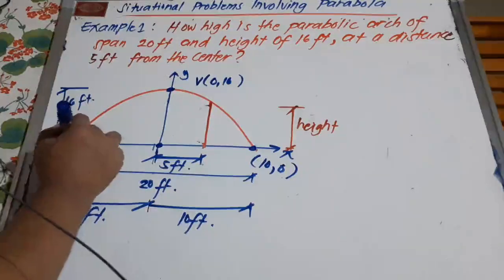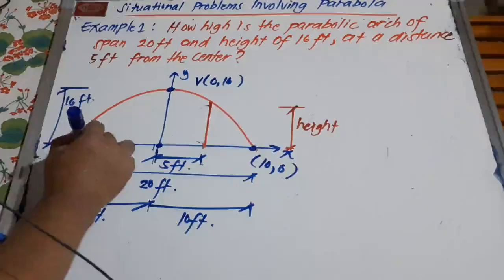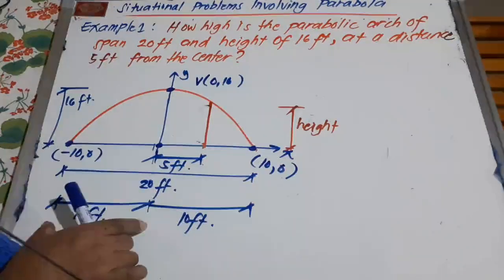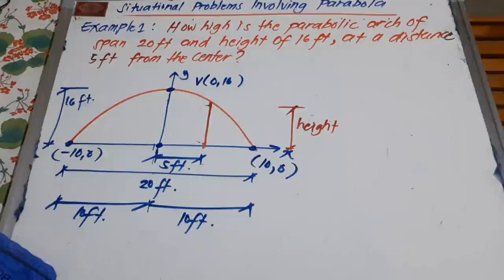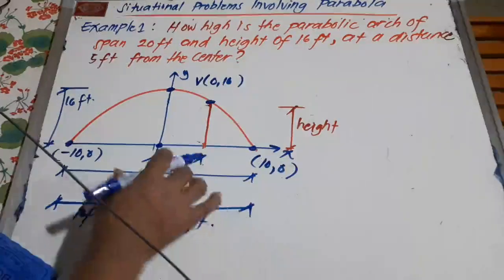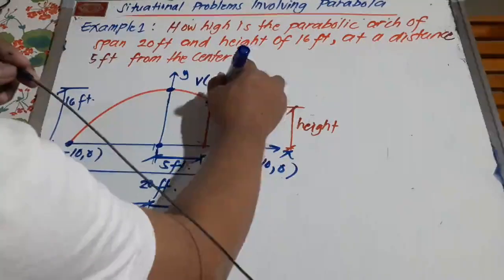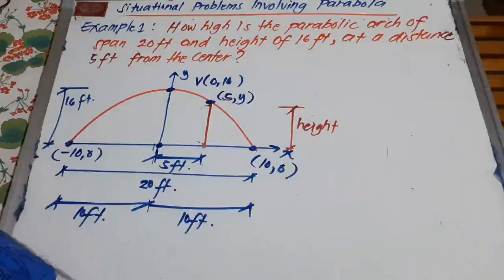And this one, ang kanyang coordinates will be negative 10, 0. Now, ito, ang coordinates nito will be 5 feet ang horizontal distance, and ang kanyang vertical distance is unknown. Yun ang hahanapin natin. Yun yung y. And that is the height of the parabolic arch, 5 feet from the center.